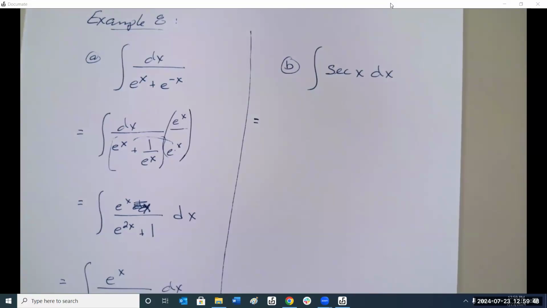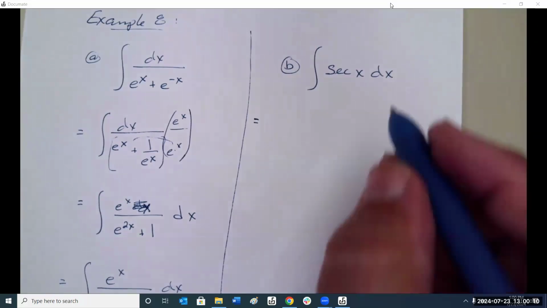This one's typical. Remember what we did in the first chapter when we had functions that were 0 over 0 and we had radicals in there. We used the conjugate of those functions. Here we're going to do something similar.